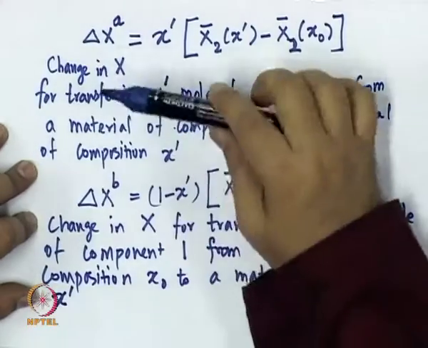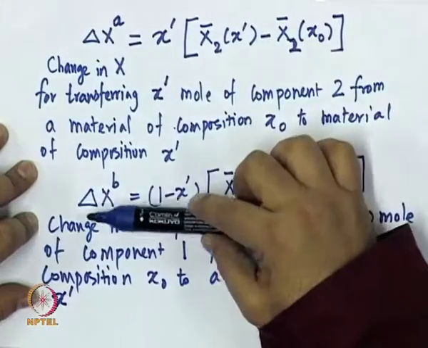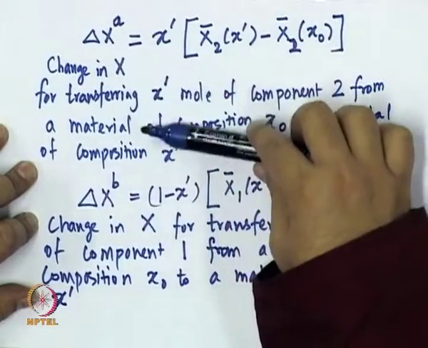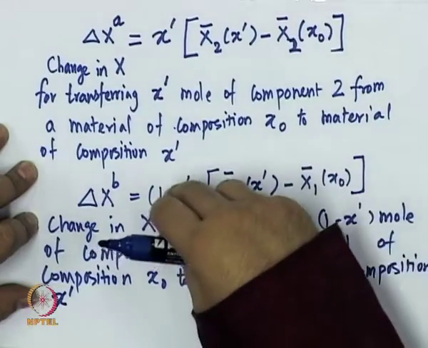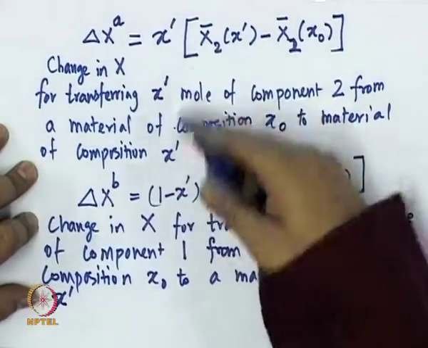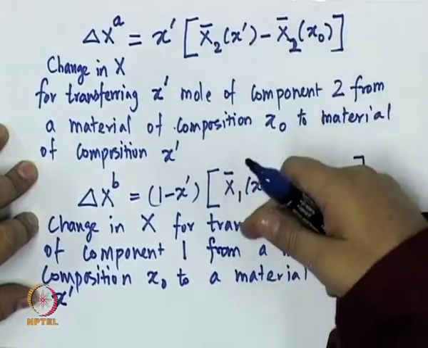So, the total change in the property associated with producing material of composition x prime from a solution of composition x naught is basically the addition of these two.